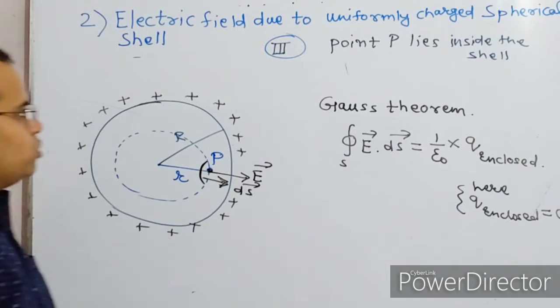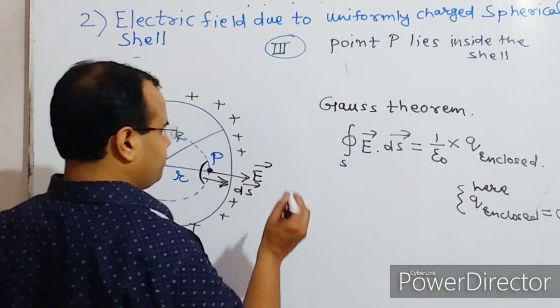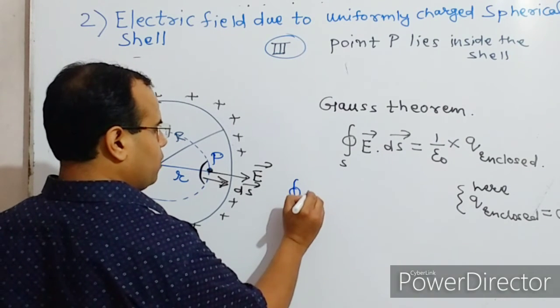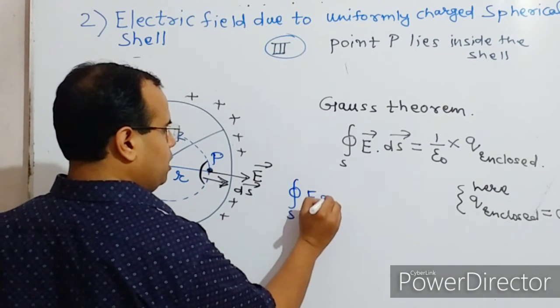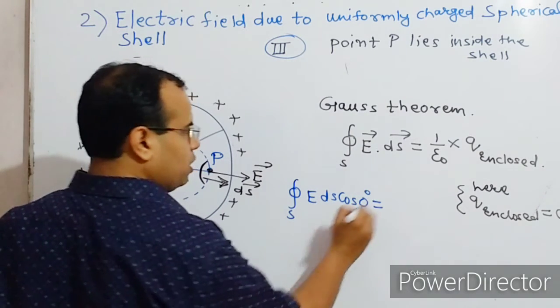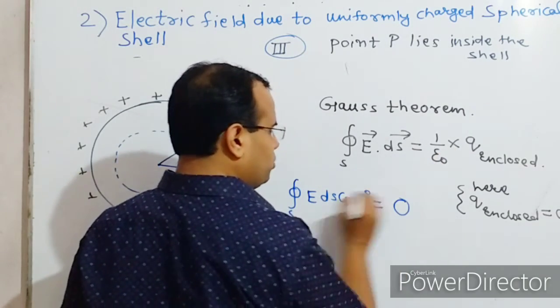And when Q enclosed is 0, if you substitute it here, you will be getting closed surface integral E ds cos 0, because the angle between them is 0 degree, and Q enclosed is 0, so this entire term would be 0.